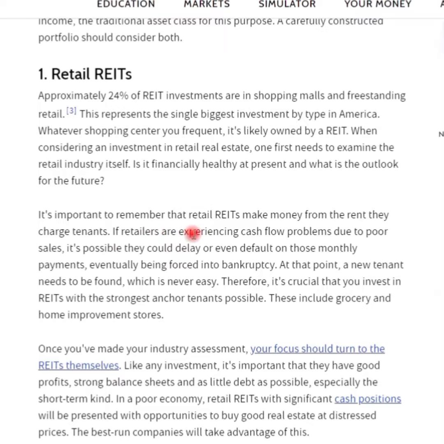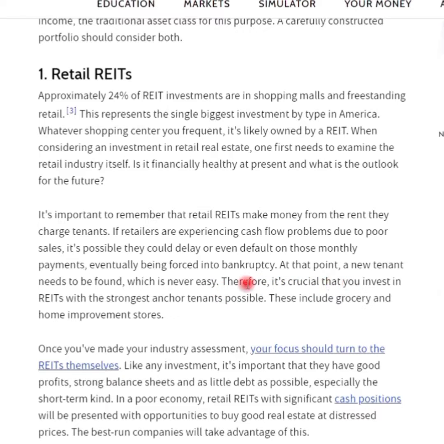If retailers are experiencing cash flow problems due to poor sales, it's possible they could delay or even default on those monthly payments, eventually being forced into bankruptcy. At that point, a new tenant needs to be found, which is never easy.